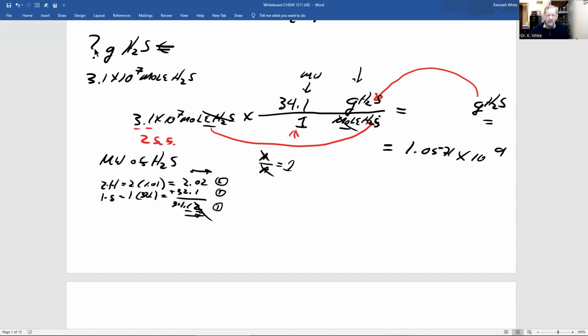This 1 is an exact number. 34.1 is 3 significant figures. So you get the same number of significant figures in your answer as the number that has the fewest significant figures. And hopefully all agree, 2 is smaller than 3. So round this number to 2 significant figures.